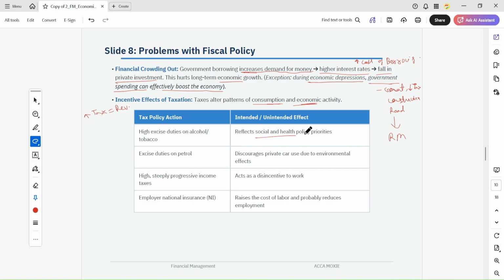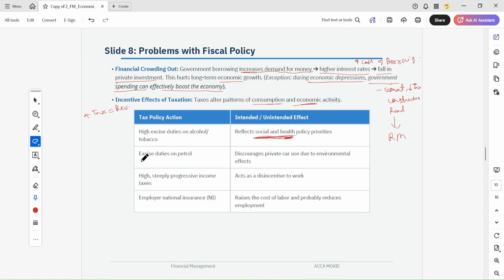People will try to focus on their health and social environment, because consuming alcohol and tobacco is not considered a good thing in society. So they will focus on their own social priorities and health priorities.